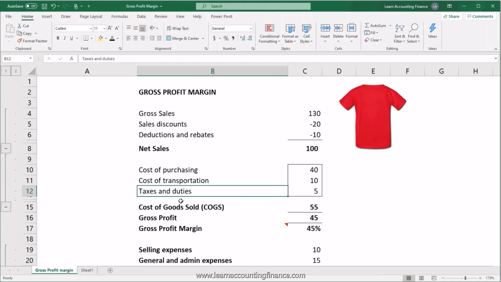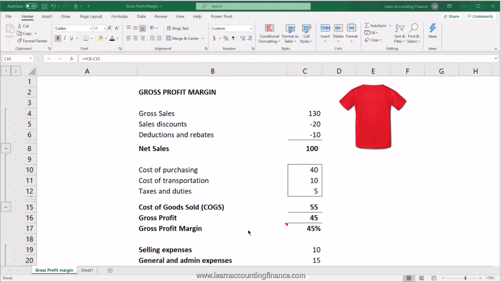They don't have to bear any cost, right? Its collection is for government, and it does not reflect on the income statement. But if you have to pay taxes and you cannot recover them from the government, then those costs will be included in your cost of goods sold. Anyway, in the end, your total cost of goods sold is $55, which results in a gross profit of $45.